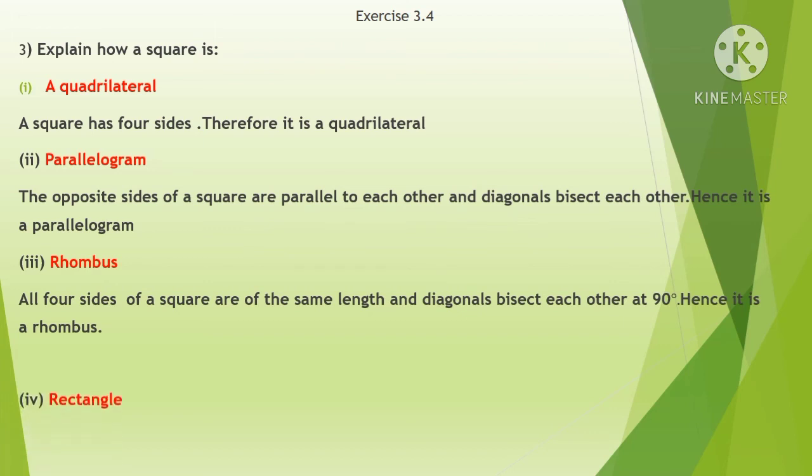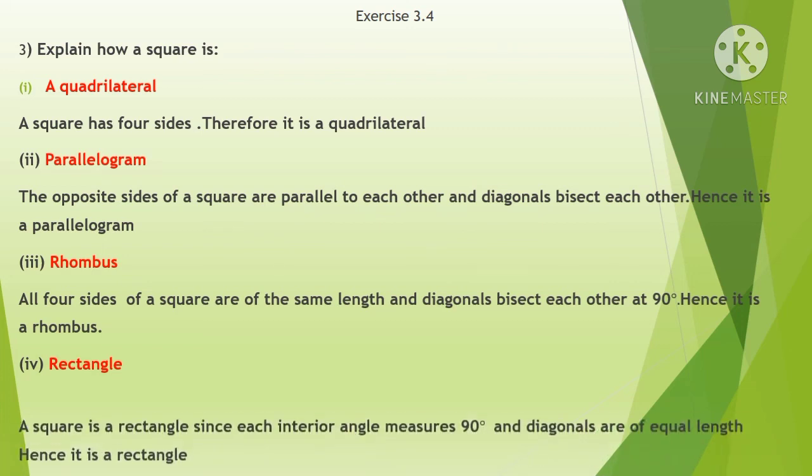Next one, a rectangle. We all know that opposite sides of a rectangle are equal. For a square also opposite sides are equal and all sides are equal. Then the interior angles: for a square all angles are 90 degrees, and for a rectangle also all the angles are 90 degrees. So we can say that a square is also a rectangle.